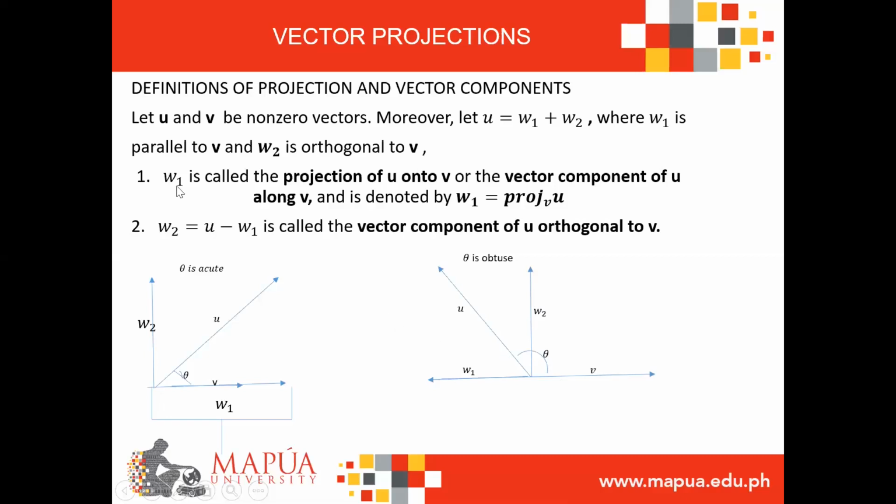W1 is called the projection of u onto v, or the vector component of u along v, and is denoted by w1 equals proj of u onto v. Then w2 equals u minus w1 is called the vector component of u orthogonal to v.